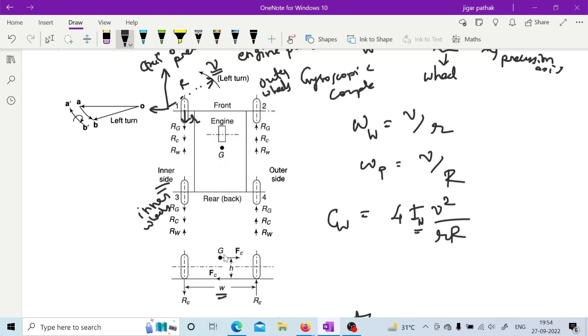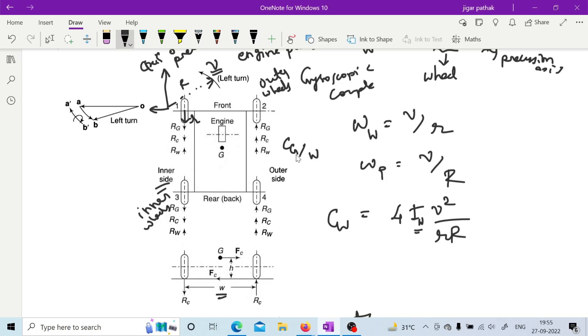So because of this gyroscopic couple, on the outer side the force which is generating this gyroscopic couple will be acting downwards on the outer wheel, right? Let us say this Cg by W, which is acting on the outer side and acting downwards.